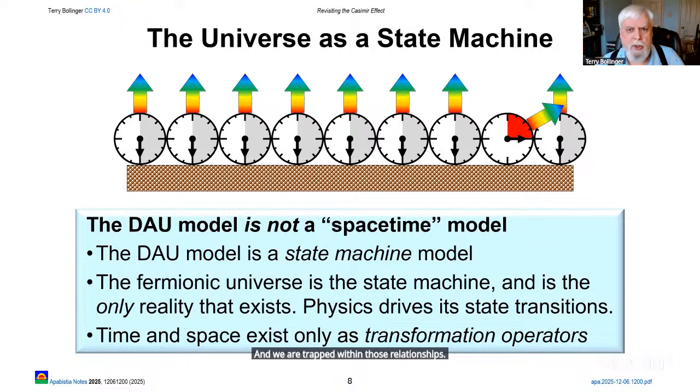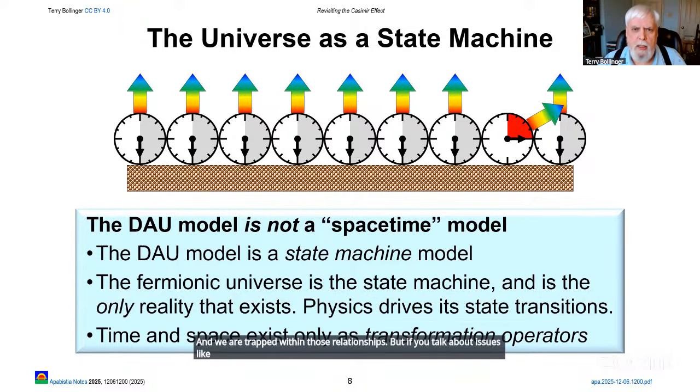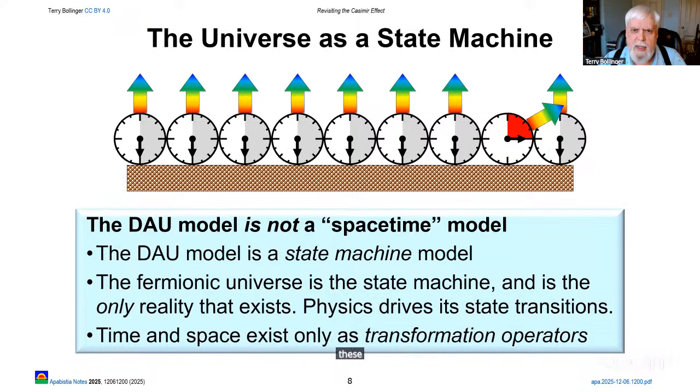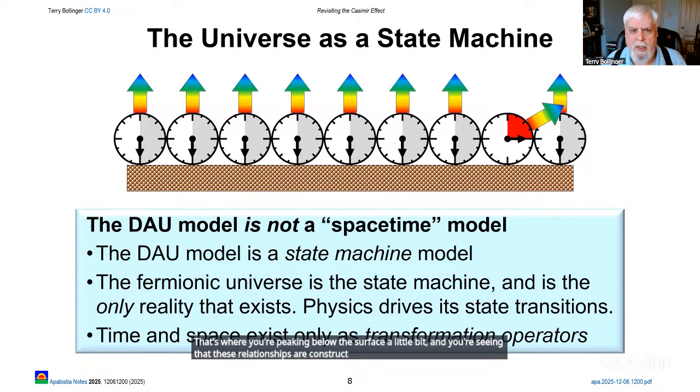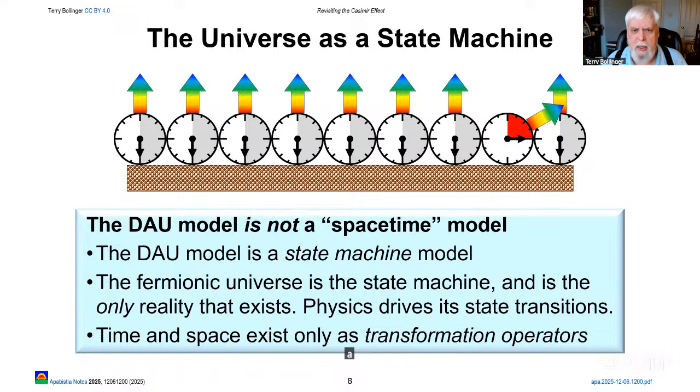But if you talk about issues like entanglement, you talk about these strange effects that you get in the quantum world, that's where you're peeking below the surface a little bit. And you're seeing that these relationships are constructed from the fermionic matter. They're not just a given. So again, universe as a state machine drives you to the idea that space and time are not only transformation operators, they are finite and limited and scoped transformation operators.